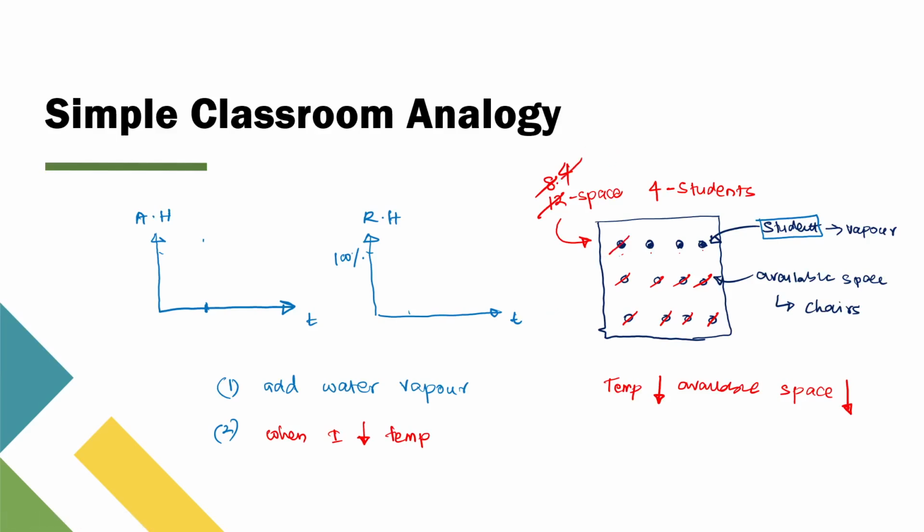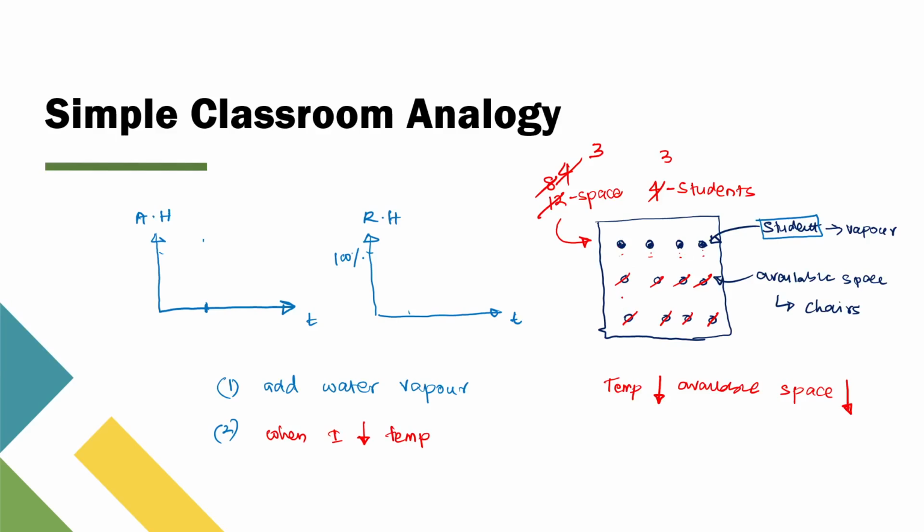So space becomes 3, student becomes 3. So you understand that AH will not change until the maximum becomes equal to the current occupation. Otherwise, let's look at what's happening to RH.